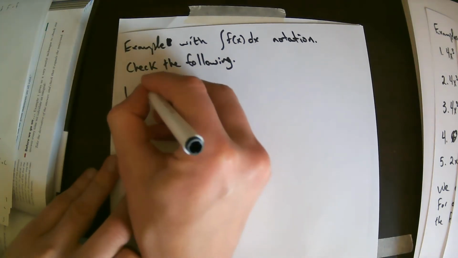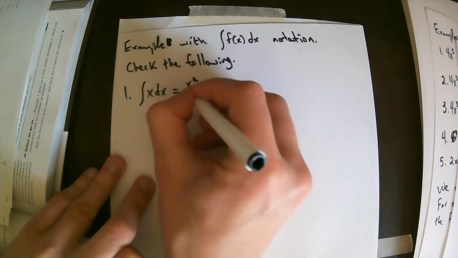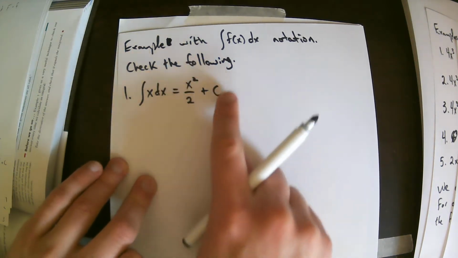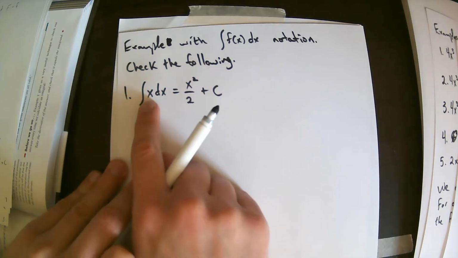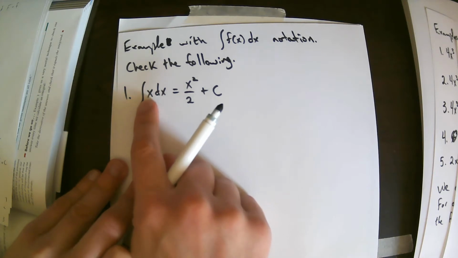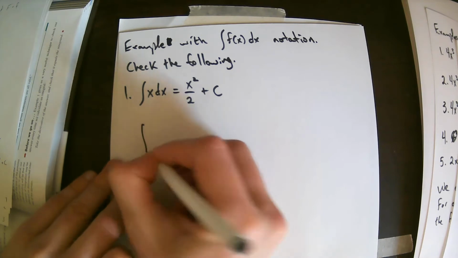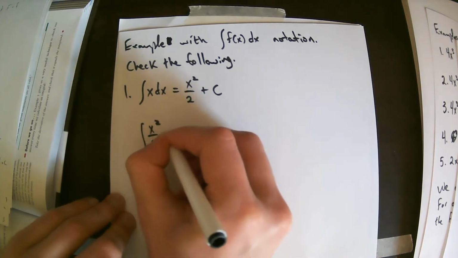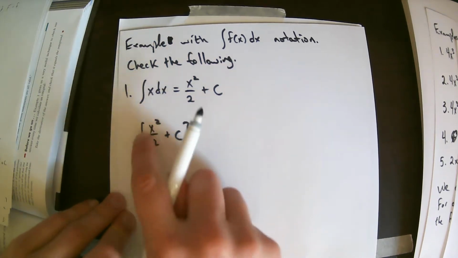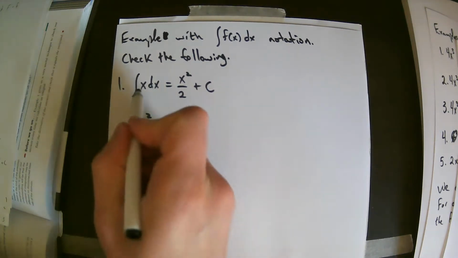So in this problem, all I'm going to ask you to do is confirm that this is the collection of antiderivatives for this function. f of x here is just x. The way you check this is you take the derivative of this output and see if you get x.